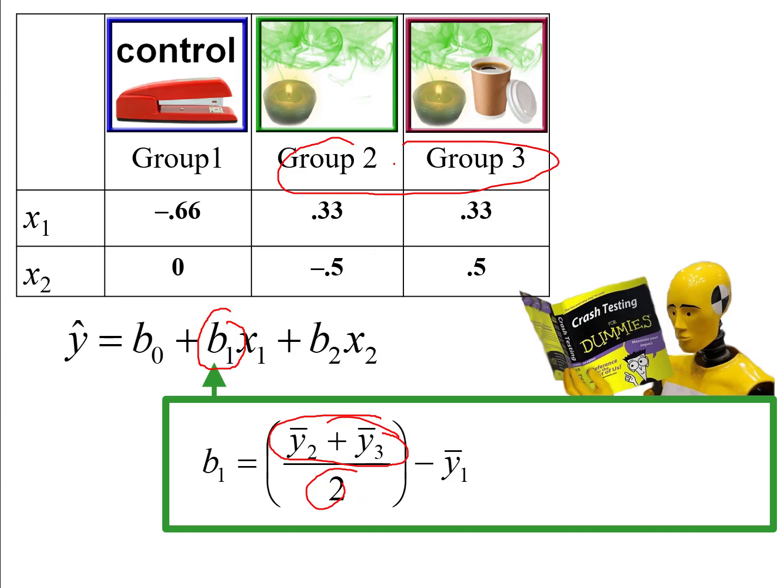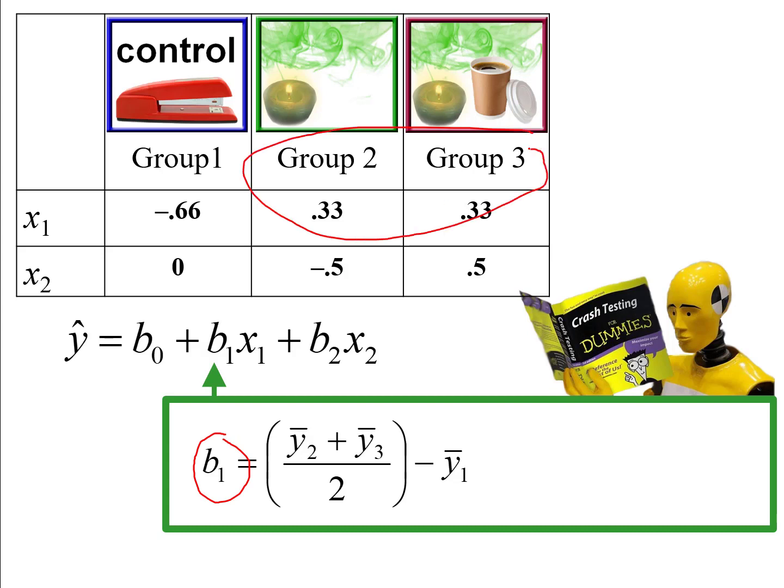So that's our treatment group mean, or the mean of the means for our treatment groups, and then we subtract from that our control group mean, the mean for group 1, to get the difference between the means for our treatment groups versus the mean for our control group. Again, that's going to tell us how much our 2 treatment groups exceed the control group mean. And that's the equation we would use to calculate that first slope, beta 1, to get the difference between our treatment groups on one hand and the control group on the other hand.